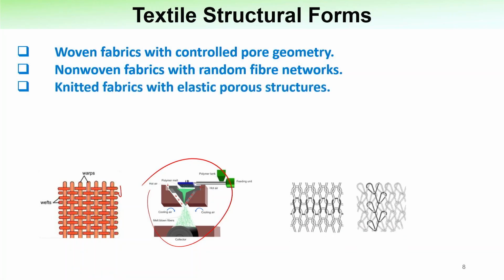Knitted fabrics we can use, with elastic pore structure, but the main problem is that when it is stretched, the pore structure changes. So, that will change the filtration efficiency.